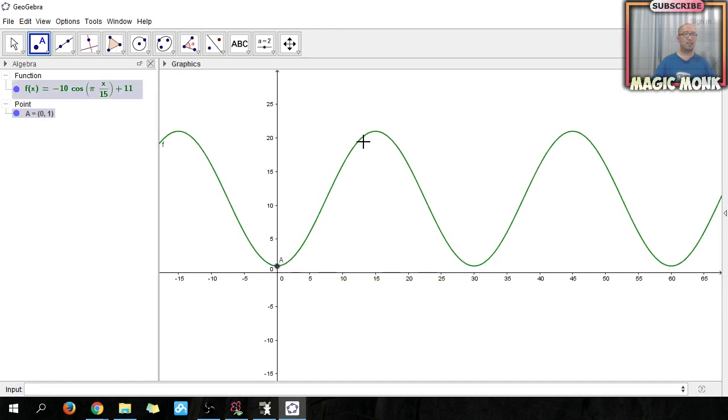And then you go to your highest point, which is, oh, I'm looking at the x coordinate, the y coordinate. So the highest point is 21. So you're just going from 1 to 21, back to 1, back to 21, and so on. That's basically what your Ferris wheel is doing. Your height keeps going up and down.